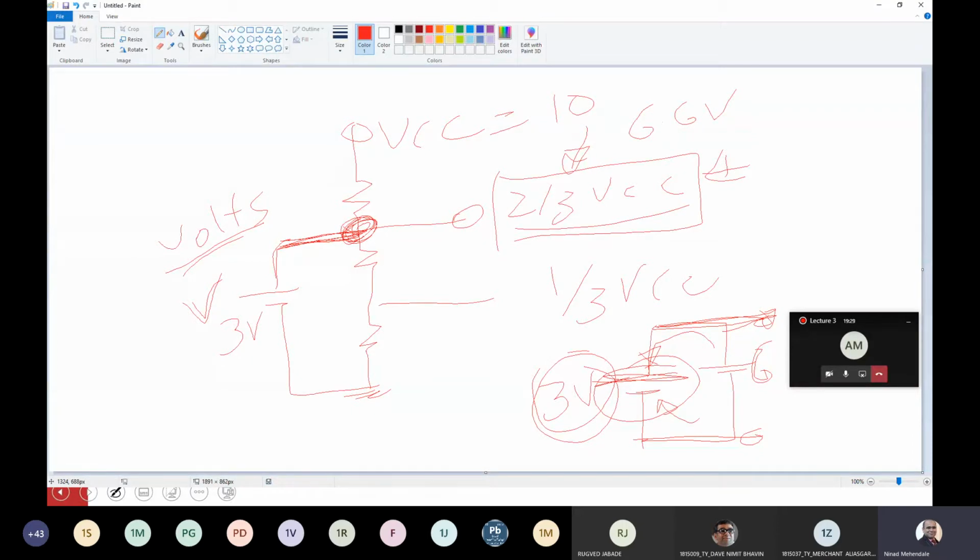This will reverse the chemical reaction inside and may damage the battery or may discharge this battery eventually. So at the end of the day, whichever is the lower voltage will always survive, and it's not a good thing to do. It might blast the battery also. So never connect two supplies in parallel. You can connect them in series, but not in parallel.